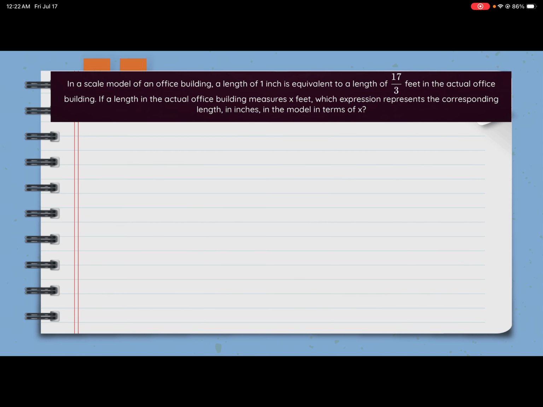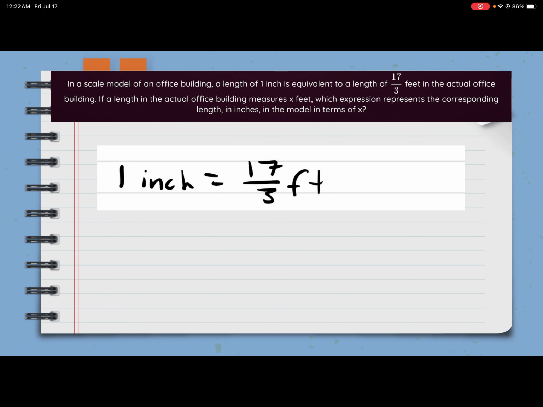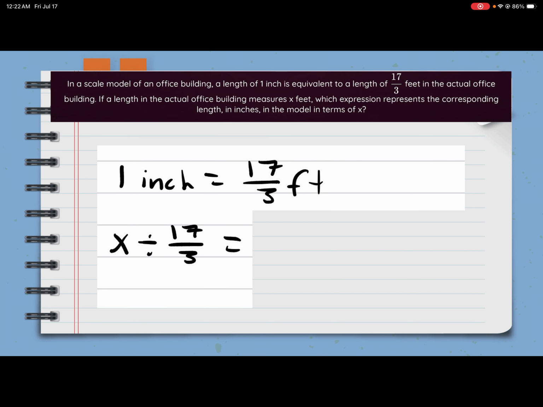So if that's confusing, I'll lay it out in the math. 1 inch is 17 over 3 feet, and we have x divided by 17 over 3. And that's because we're trying to cross out the feet and only have inches.